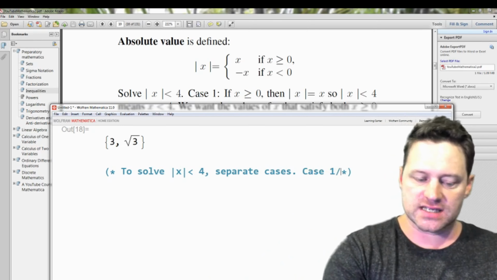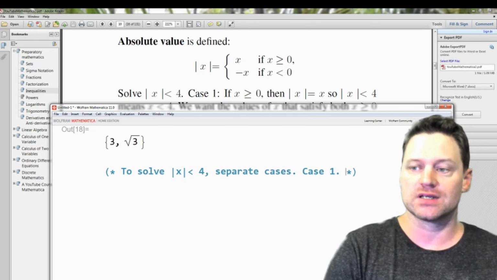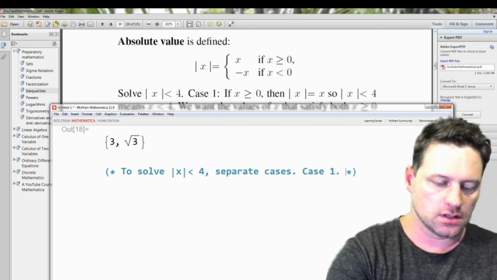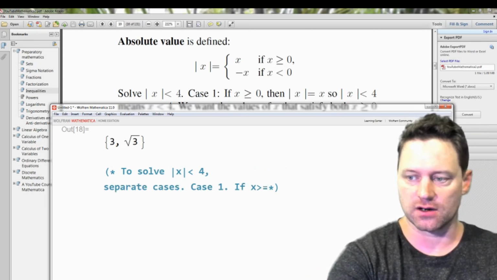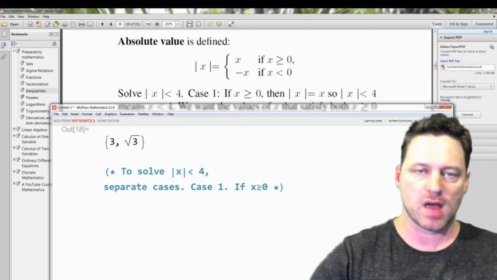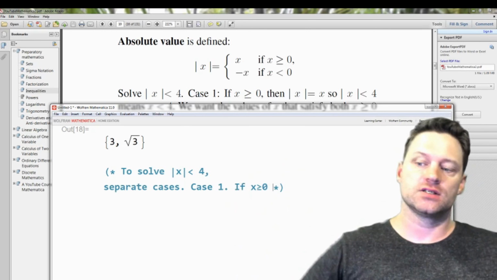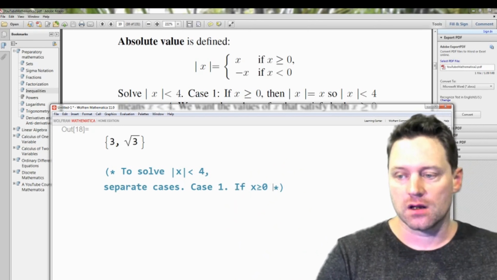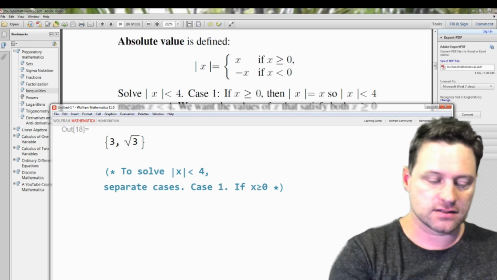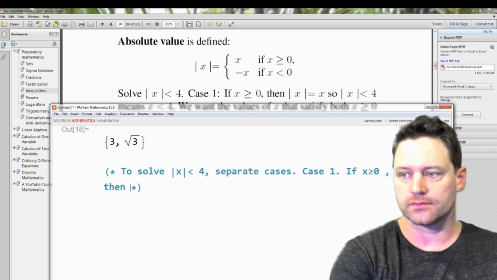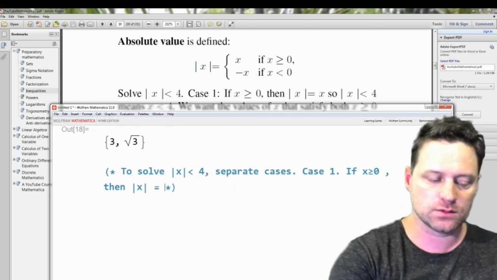What did we say? Let's first suppose that x is greater or equal to 0. Now I can use Mathematica's fancy way of turning greater and then equals into greater or equal to, because that's handy here. If we have this, then the absolute value of x is equal to just x.